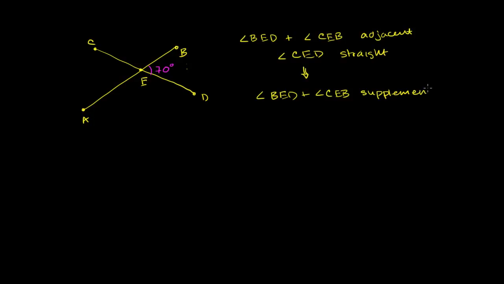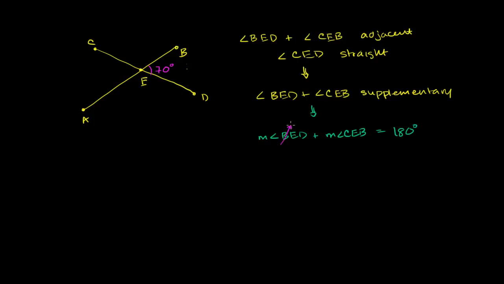Supplementary angles, which tells us that the measure of angle BED plus the measure of angle CEB, and I keep writing measure here. Sometimes you'll just see people write angle BED plus angle CEB is equal to 180 degrees. Now we already know the measure of angle BED is 70 degrees.